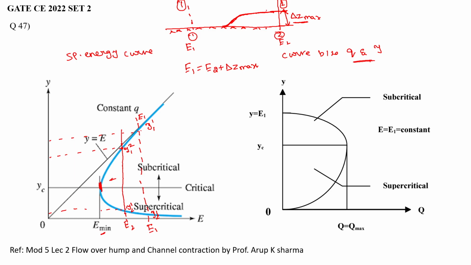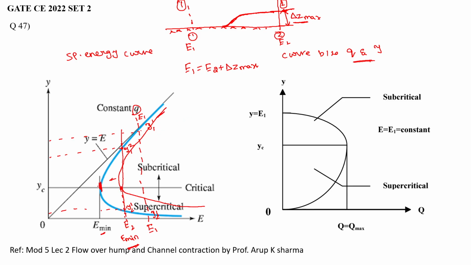Suppose we raise the bed even further. For a constant Q, the discharge won't be the same, and the specific energy curve will shift towards the right. This will become E minimum, to maintain the discharge.